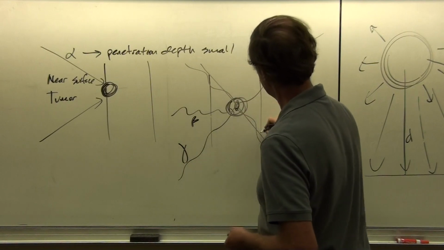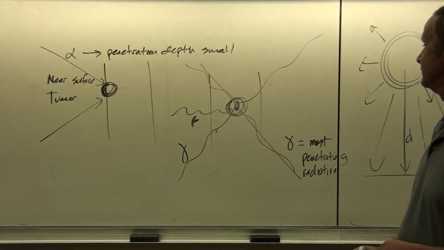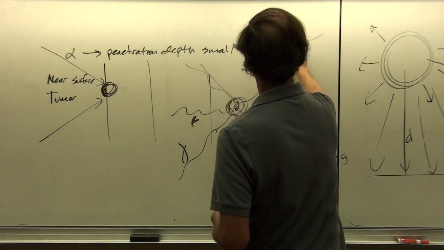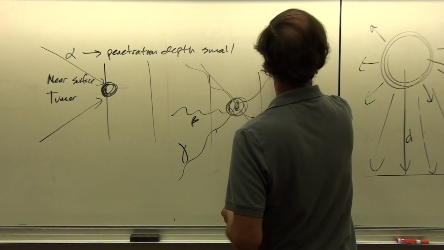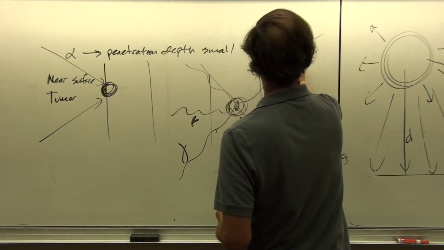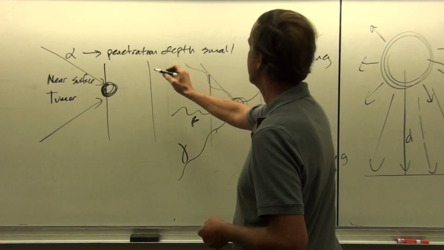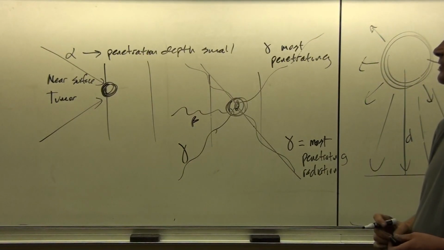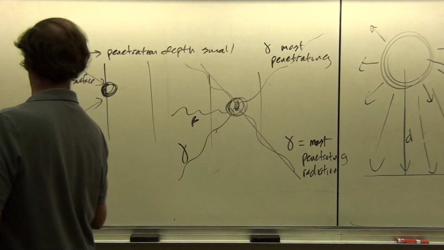And so you can do a little damage here, a little damage there, but a lot of damage there. So gamma treatment, that's the most penetrating, is better for deep tumors. Whereas the alpha particles with a small penetration distance are good for near surface tumors or for implants.